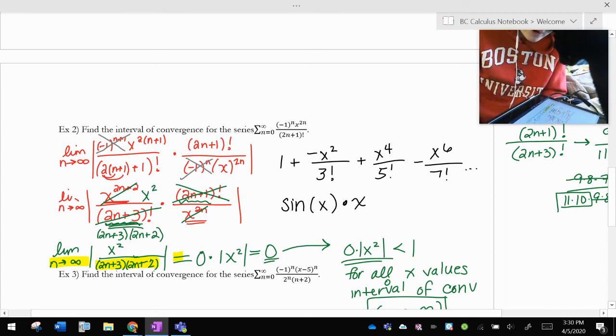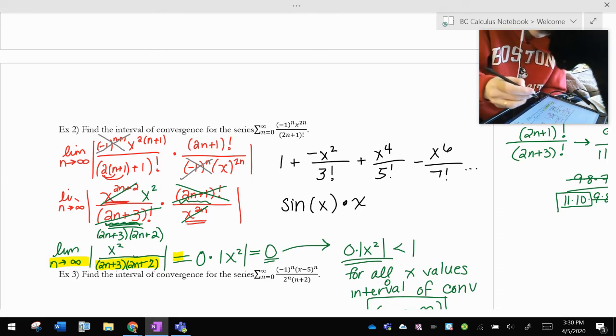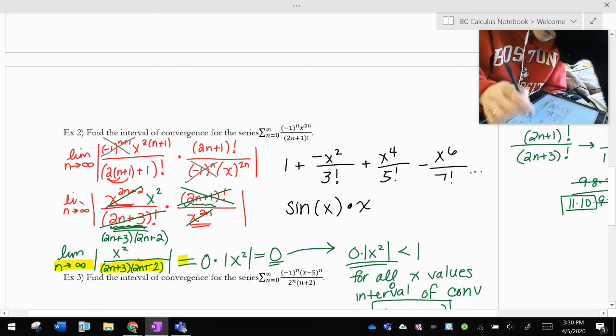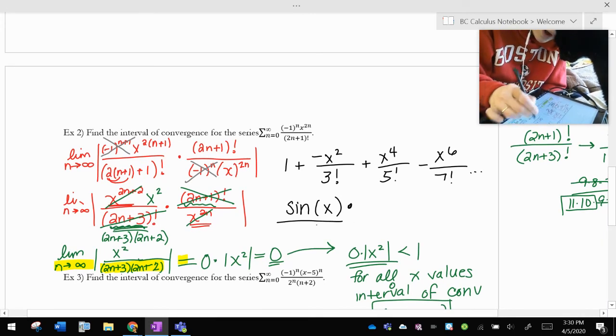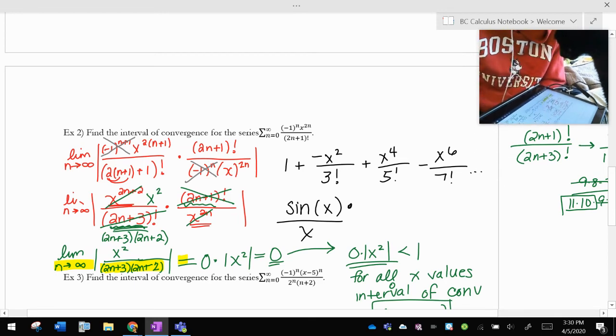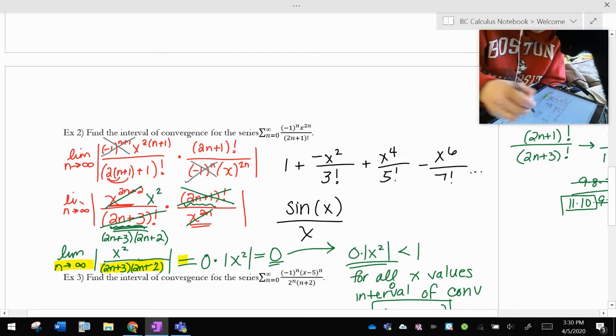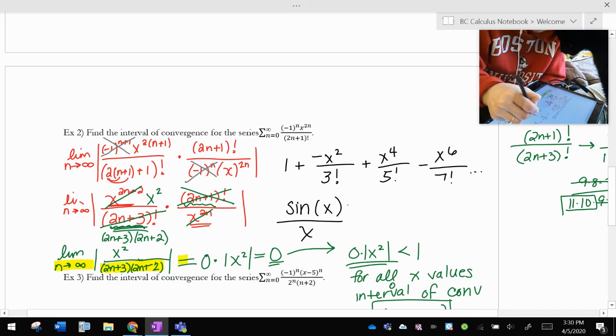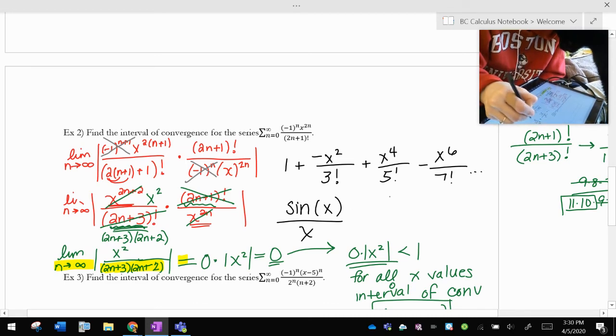Well, no, because then it'd be too high. What if it was maybe the sine function divided by x? Yeah, that might work. Let's give it a shot. The sine function is all the odds.